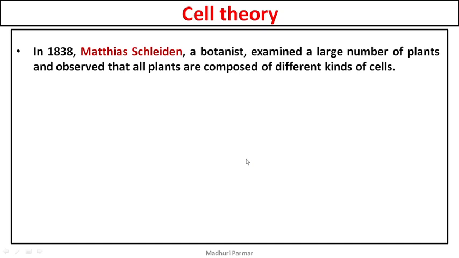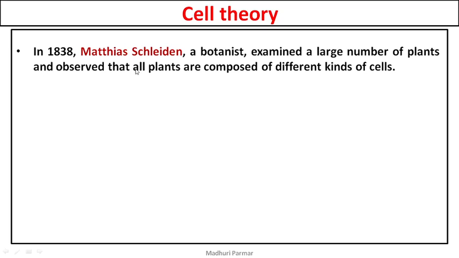Now let us come back to the history. Long after Robert Hooke and Leeuwenhoek had already seen cells, and Robert Hooke had also named them cells, in 1838 there was a scientist, a German botanist. A botanist is a scientist who studies botany, plants. Matthias Schleiden was working with a number of plants, looking at different plants all the time.